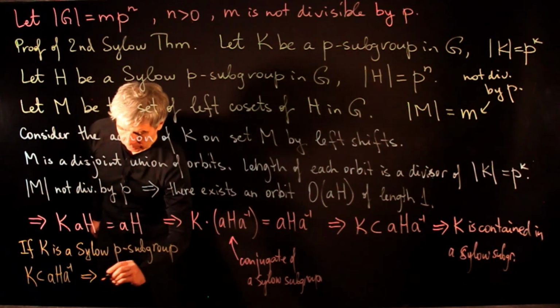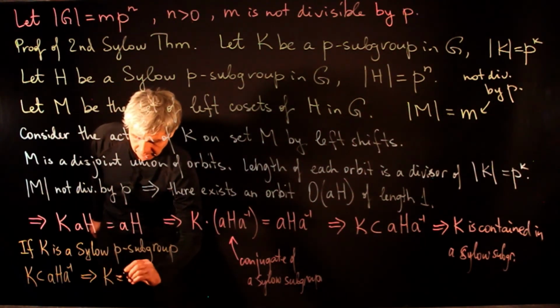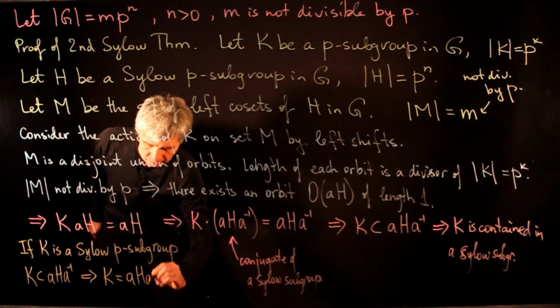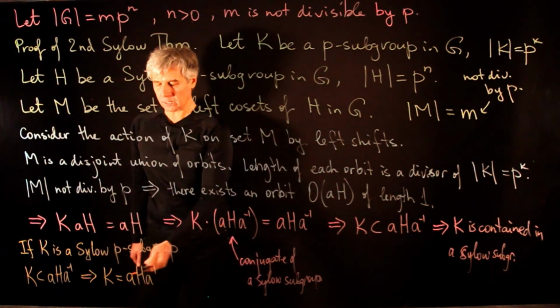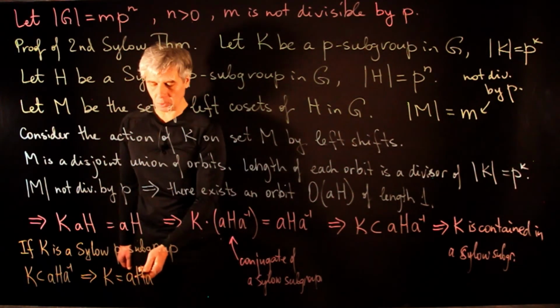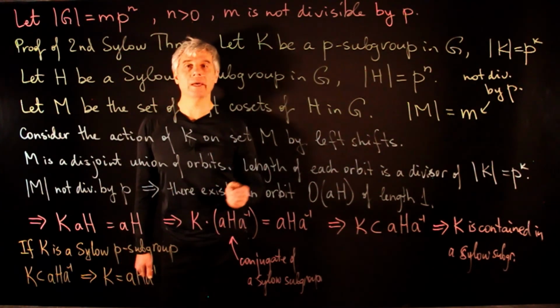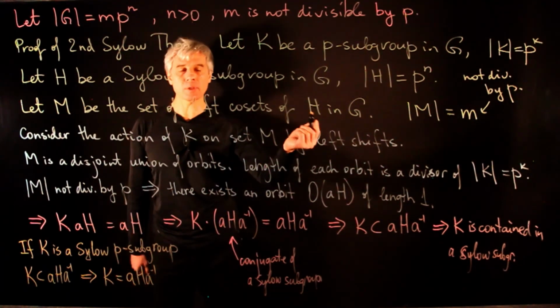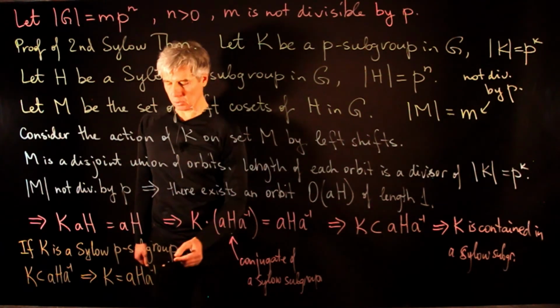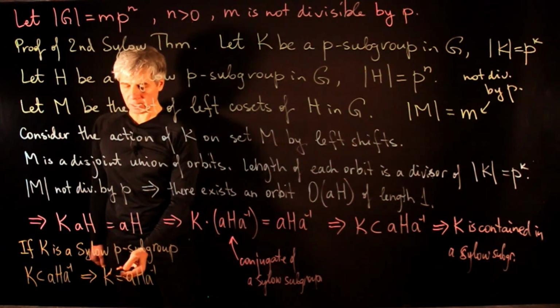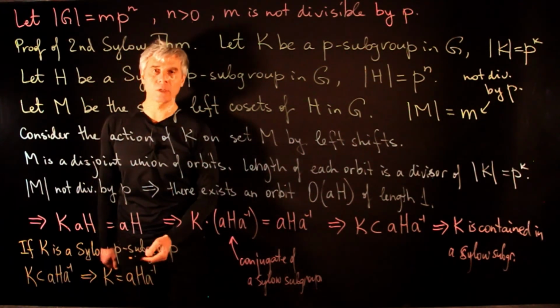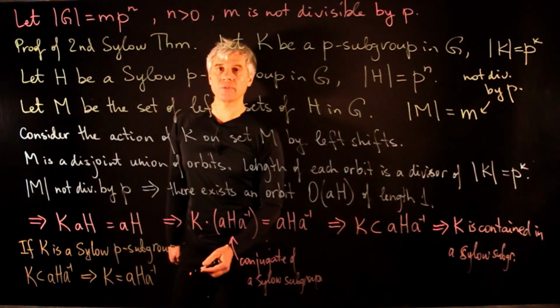So from here, of course, it follows that we have equality, that K is equal to AH A inverse. And this implies that K is a conjugate of H. And since H was an arbitrary Sylow subgroup in G, this proves that every other Sylow P subgroup is conjugate to H. And this completes the proof of Theorem 2.